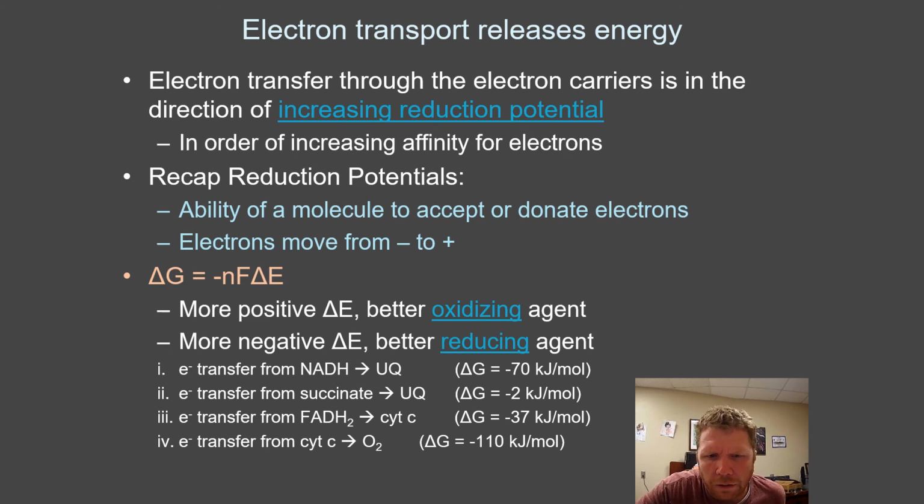And as you can see on this slide, all of your delta G values, the transfer from NADH to UQ, succinate to UQ, FADH2 to cytochrome C, to O2, all of these delta G values are at very least negative, and some of them are hugely negative, so it's all favorable moves for those electrons.